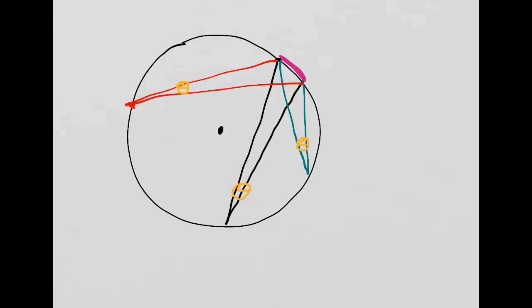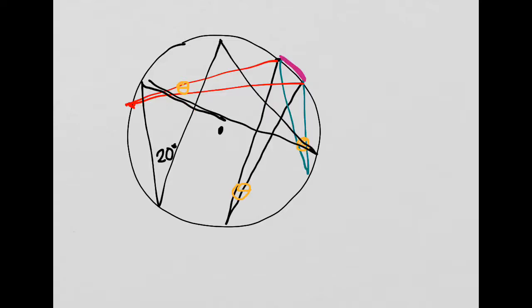And the same goes if you had some inscribed angles. Let's say I knew this was 20 degrees. Let's see if we can make this happen here.